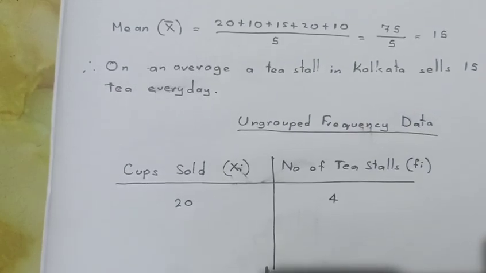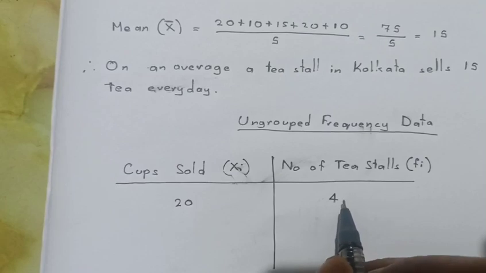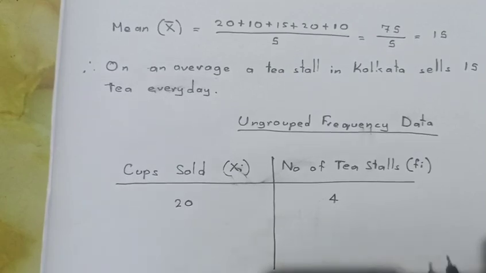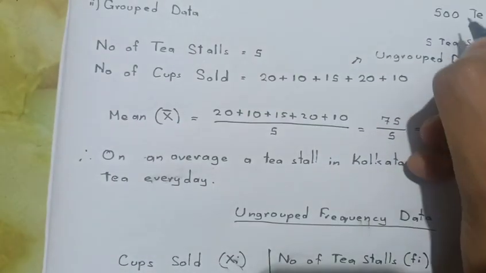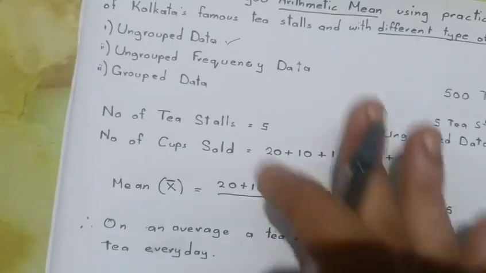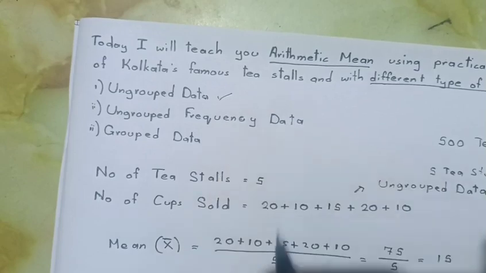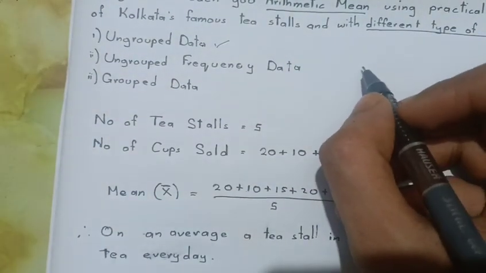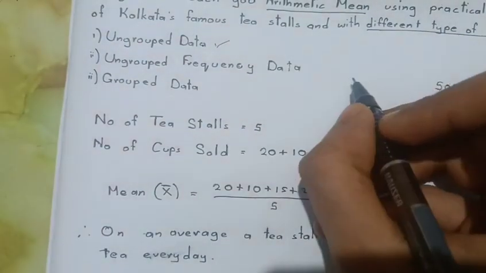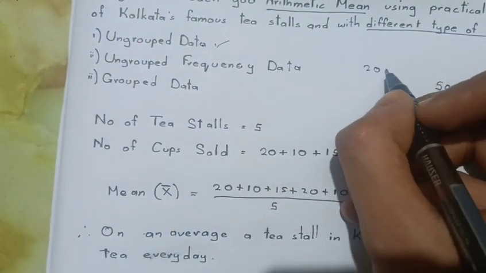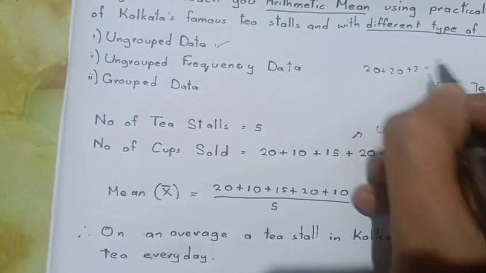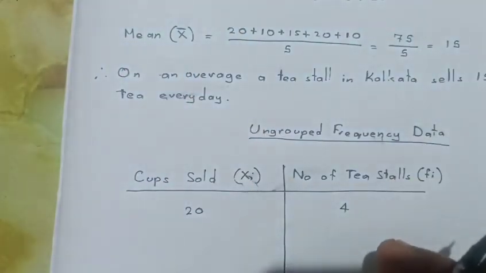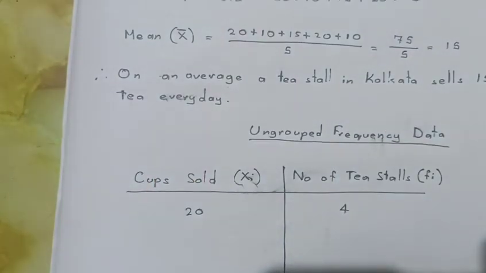So we can say that 4 stalls sell 20 cups of tea per day. We could have written it like the ungrouped data, but it would have been much more lengthy. Just imagine how many times you would have to write 20, it would be 4 times. So in order to reduce that, we are bringing in this frequency table.